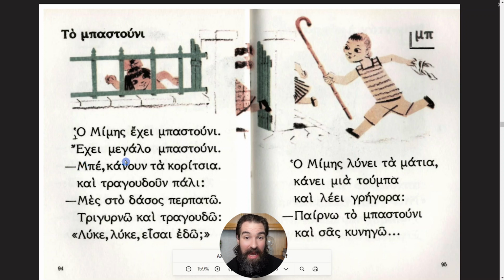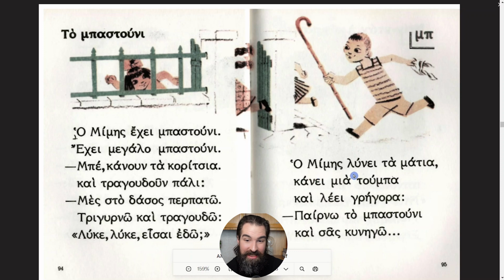Έχει μεγάλο μπαστούνι. Πε κάνουν τα κορίτσια και τραγουδούν πάλι. Μες στο δάσος περπατώ. Τριγυρνώ και τραγουδώ. Λύκε, είσαι εδώ.